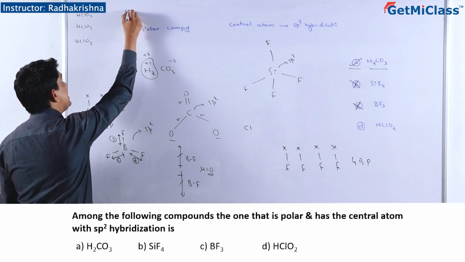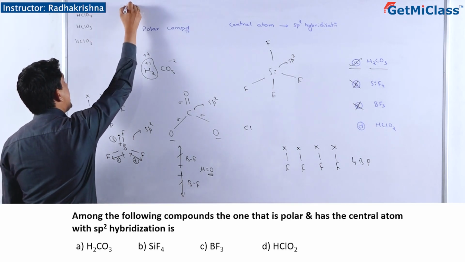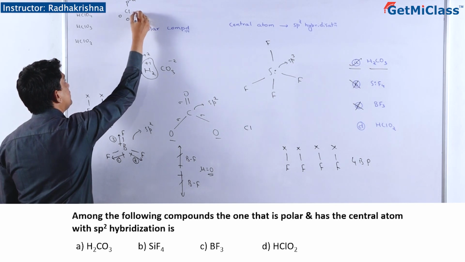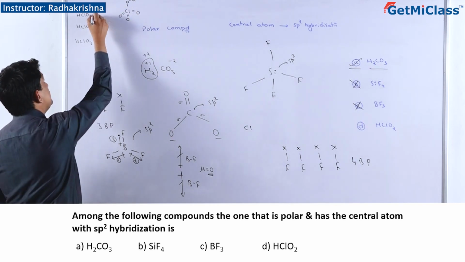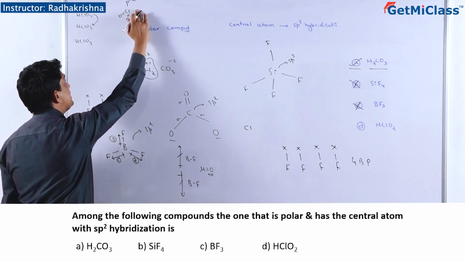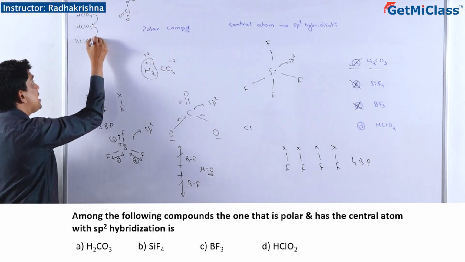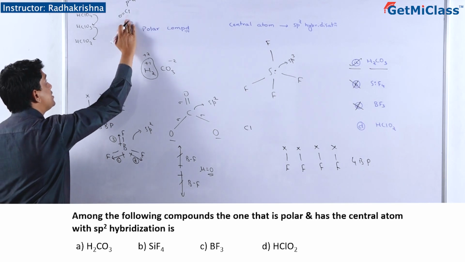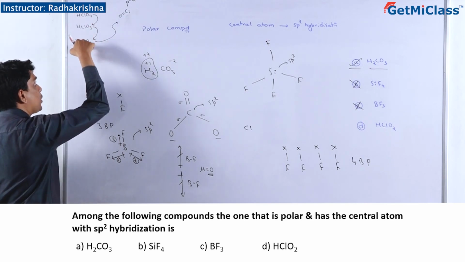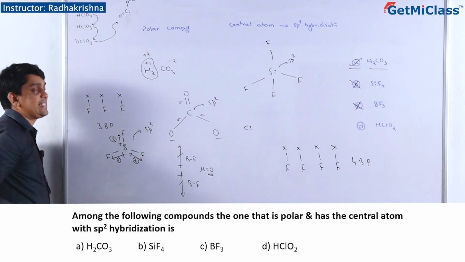So Cl in the center, 1 H indicates 1 OH. So 3 more O are yet to be written. Oxygen is divalent. When you come down, 1 O becomes less. When you come down still, 1 more O goes out. So this is perchloric, chloric, chlorous acid. This is chlorous acid.